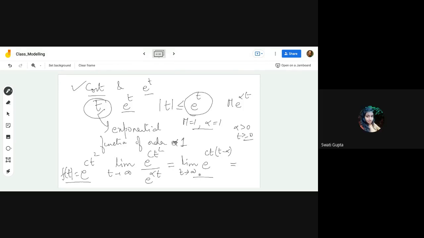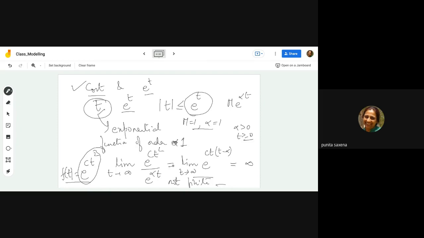Infinity. Say it again. Infinity. That means this limit is not finite. Therefore, this function is not a function of exponential order.